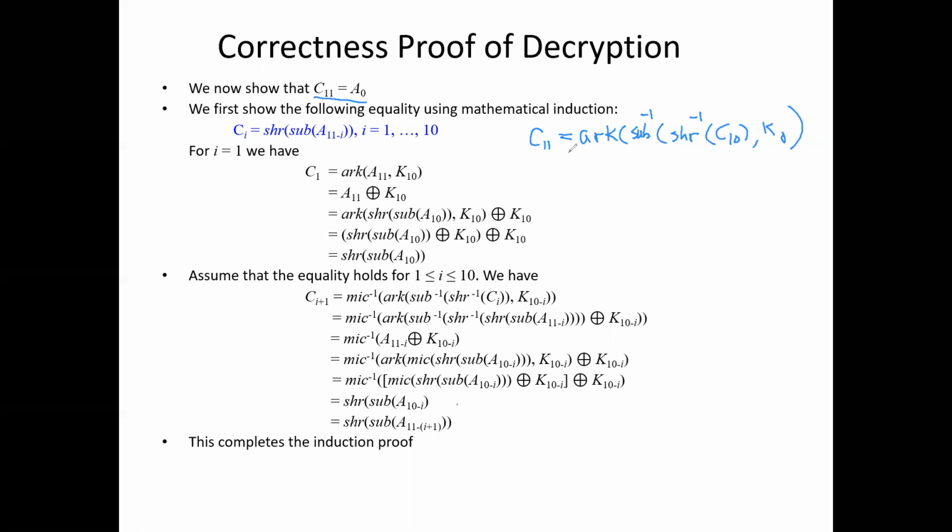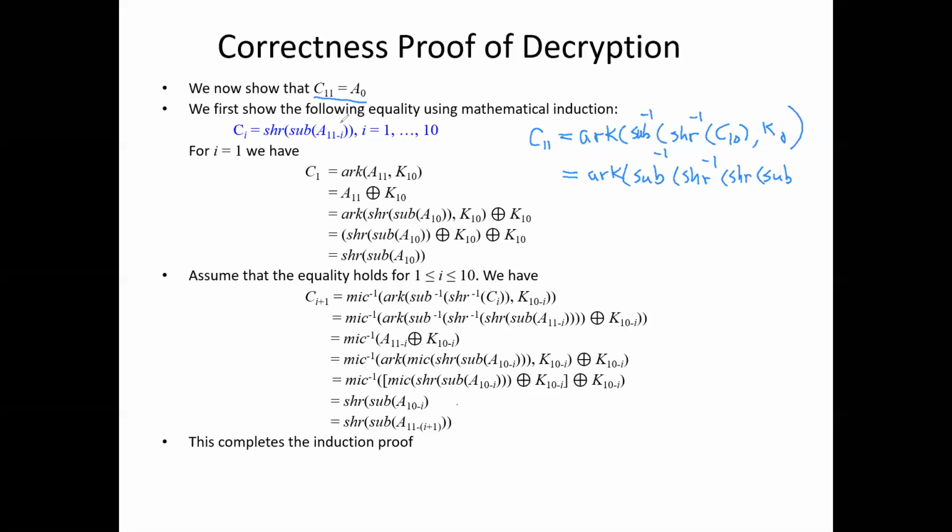So now C10, assuming this is true, we know this is equal to shift row and then substitute bytes, A11 minus 10, C10.